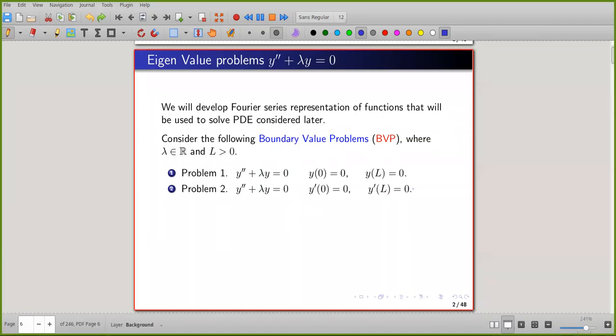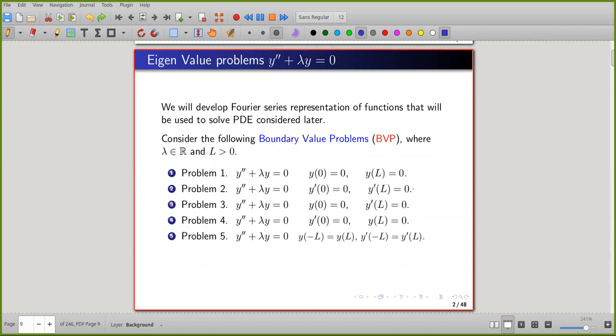Here we need y double prime plus lambda y is equal to 0, and the derivative y prime at 0 and L has to be 0. The third problem is y double prime plus lambda y equal to 0, and y of 0 is 0, and y prime, the derivative of y at L, is 0. And the fourth problem is y double prime plus lambda y equal to 0, y prime at 0 is 0 and y of L is 0.